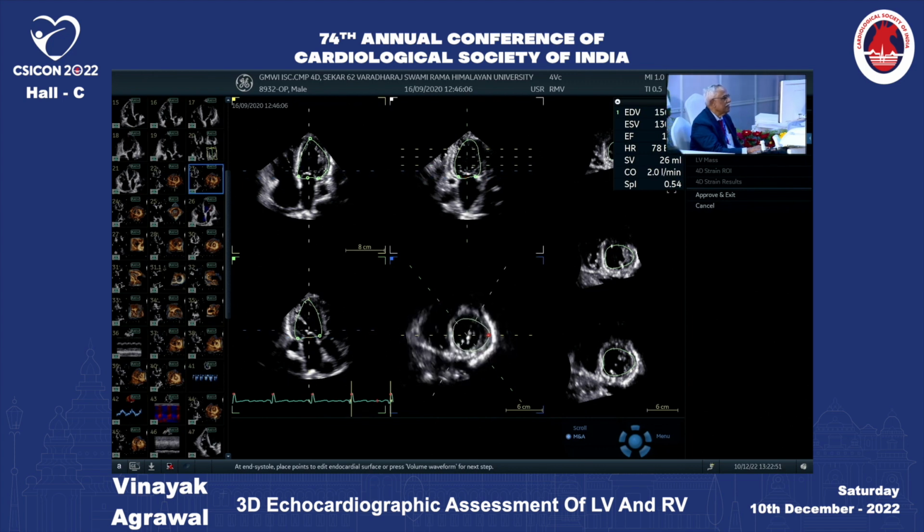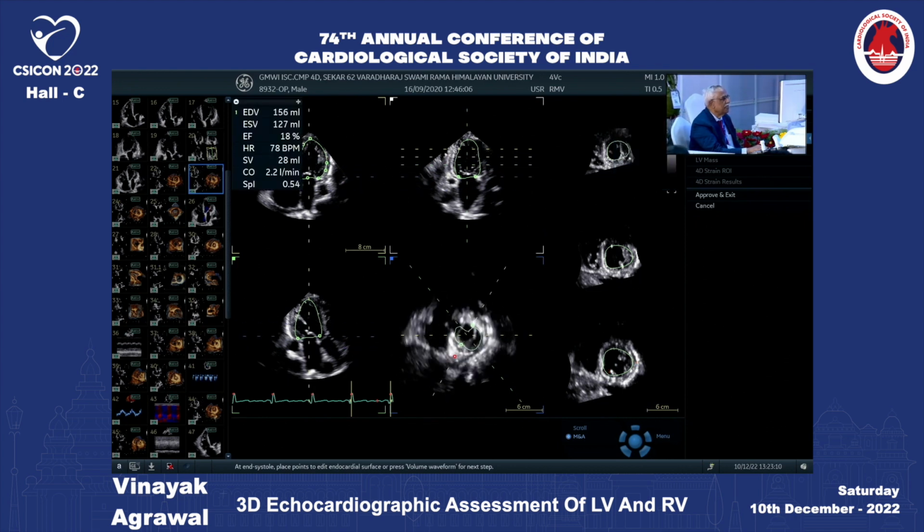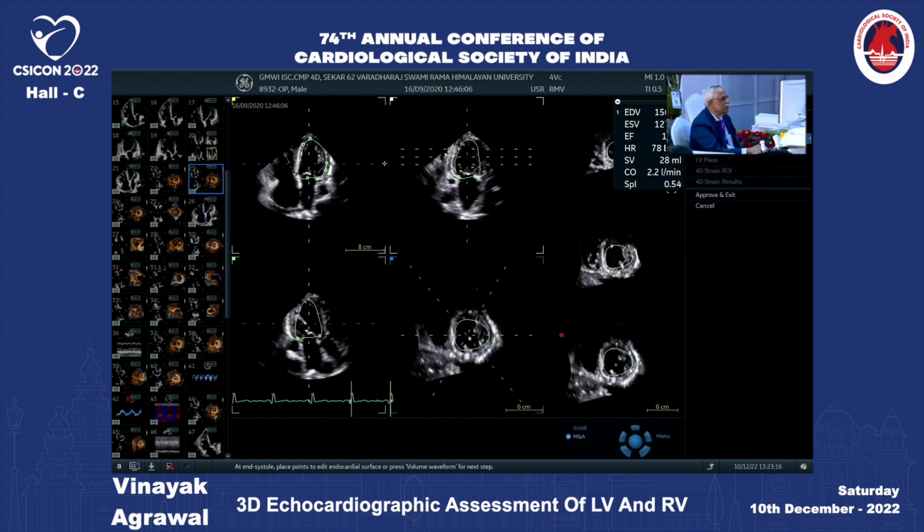Here it has gone out a little, we'll bring it inside. I think it's okay. Here it is a little inside. If you want to make corrections, you can make them and then see whether the endocardium is correctly delineated or not. Now the end diastolic volume and end systolic volume are captured.